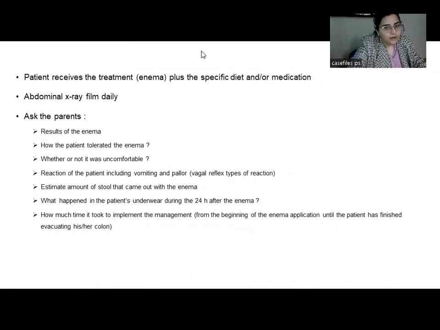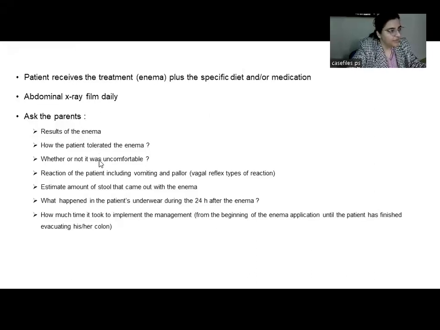Apart from this, there is a bowel management protocol described by Dr. Bishop and Dr. Pena's team, in which they have said that if the patient comes to us and is already on enema and is not being relieved in terms of soiling or incontinence, they do an abdominal X-ray daily, and they ask the parents regarding the results of the enemas which they have been giving.